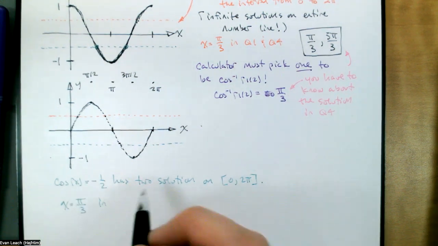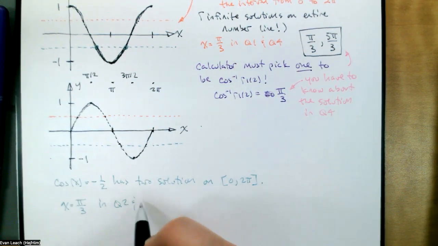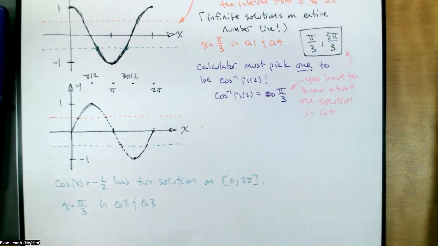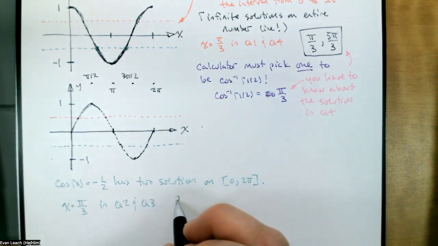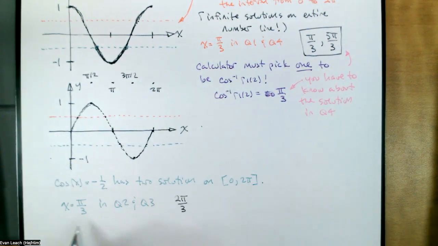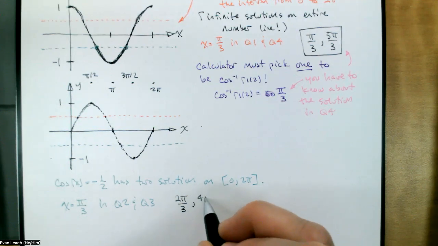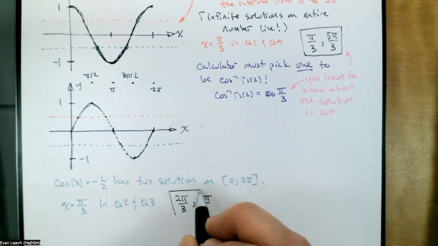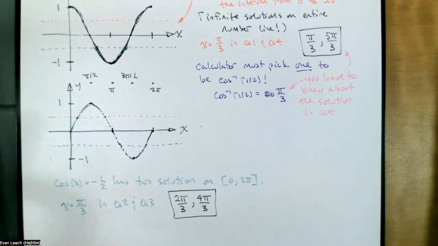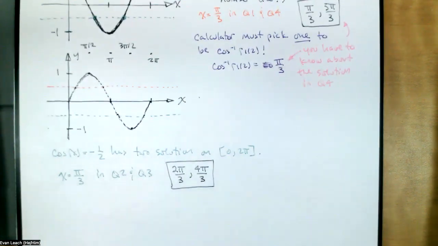And cosine is negative in quadrant 2 and quadrant 3. So this gives us two solutions. Pi over 3 in quadrant 2 is 2 pi over 3. Pi over 3 in quadrant 3 is 4 pi over 3. This is just stuff that we get to remember because we know our values. The same thing happens. The calculator must pick 1 to be the cosine inverse of -1/2.